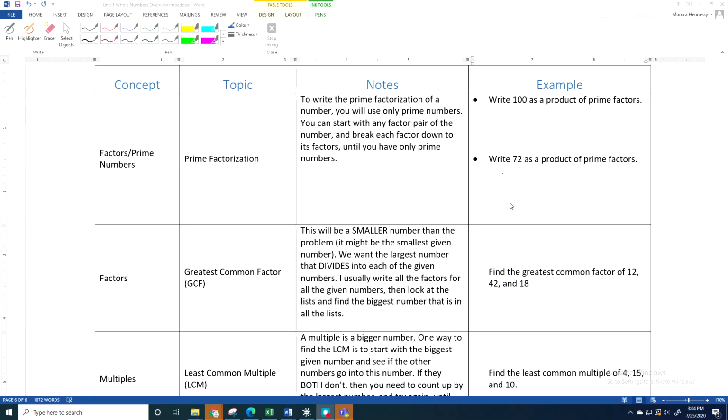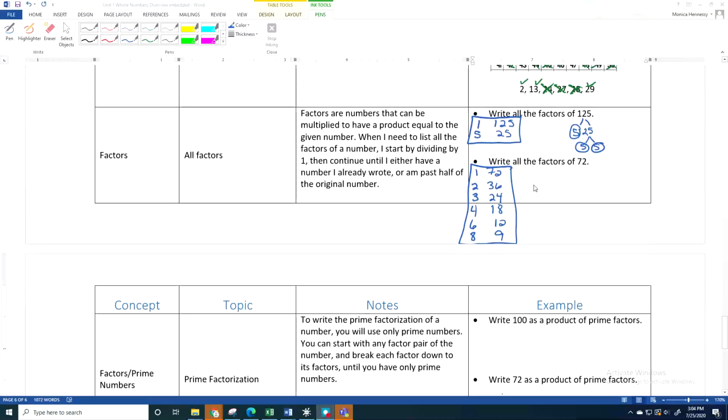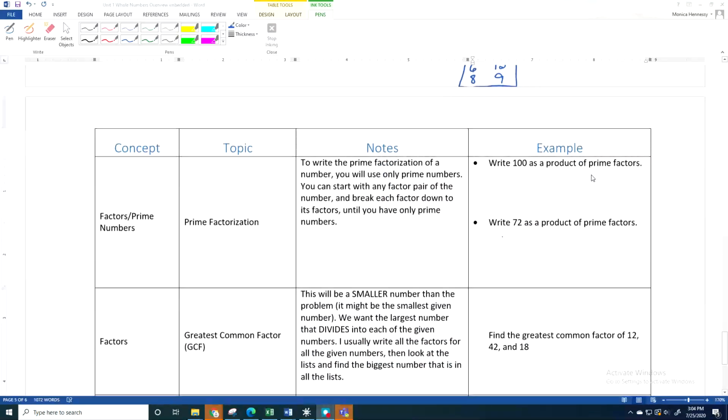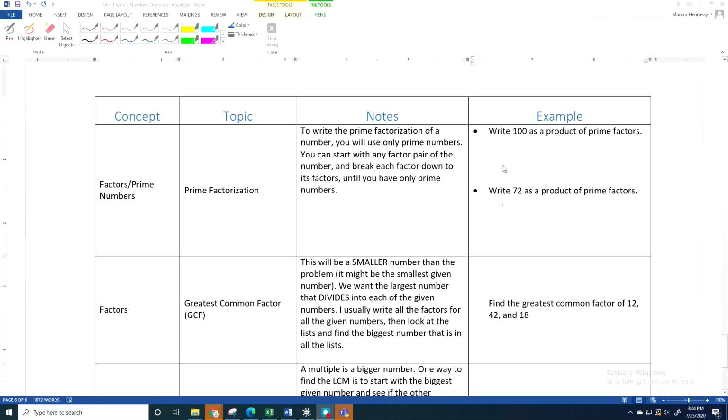Okay, so when I'm talking about writing numbers as a product of prime factors, that's what I really want to do, like this factor tree. I can start with any numbers that I know multiply to get to 100. I think 10 times 10. And now, can I break 10 and 10 down?